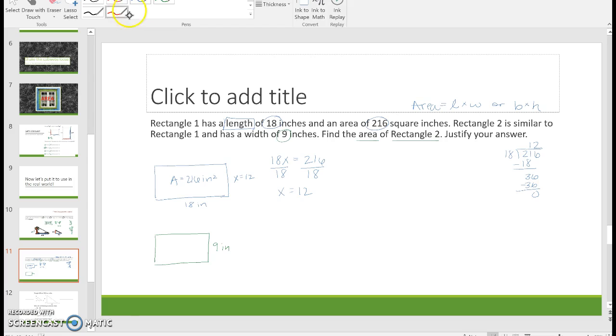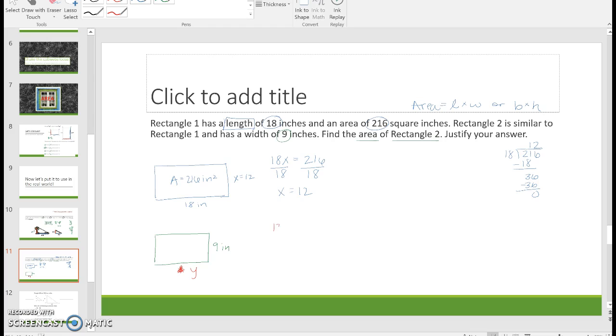So now that I have 3 lengths, I can go ahead and find the area. So I need the length here. I'm going to say that this is y, because I've already used the letter x, right? So if I set up a proportion, I can solve for y.